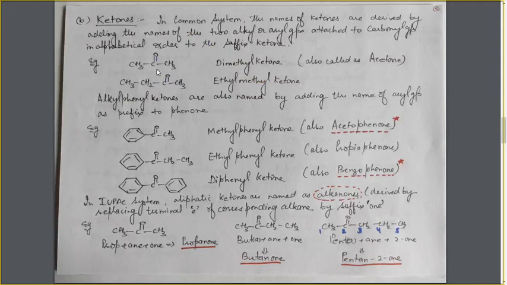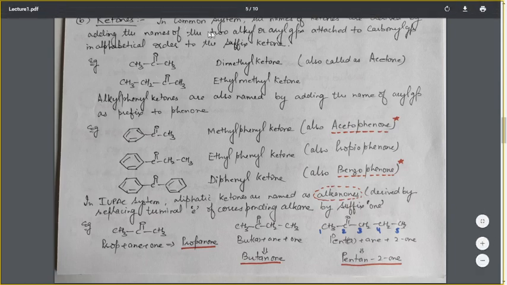Now, first of all, we will take up the common names of ketone. In the common system, the ketones are named by placing the names of the two alkyl or aryl groups attached to the carbonyl group in alphabetical order before the suffix ketone.